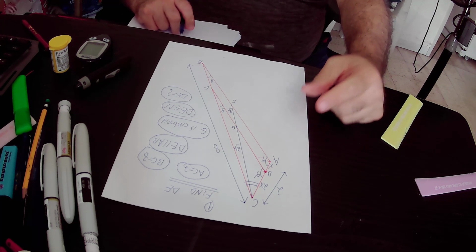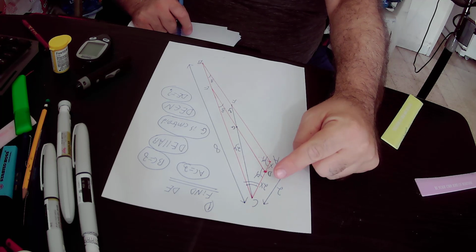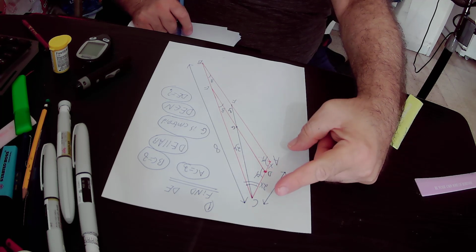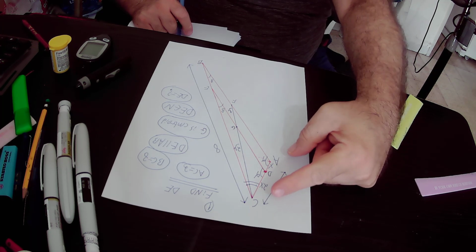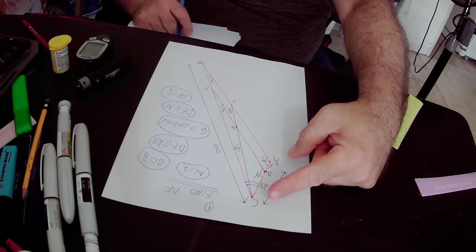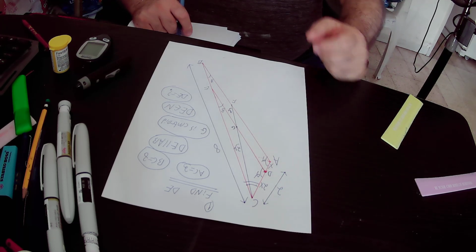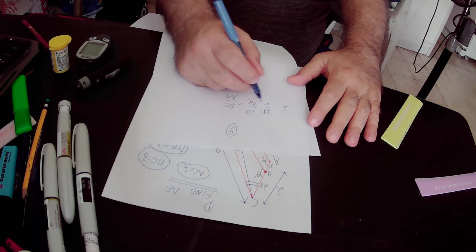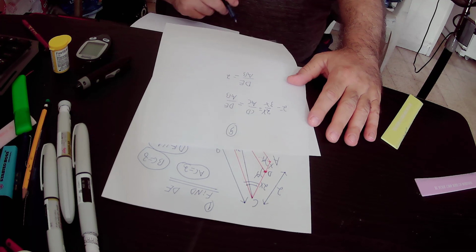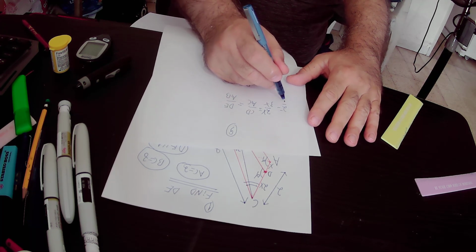Actually, I made a mistake here because CD is indeed 2x, but AC is not x because AC is actually 2x plus x. So AC is 2x plus x, that is to say AC equals 3x. Okay, so AC equals 3x, and 2x over 3x is 2 over 3.